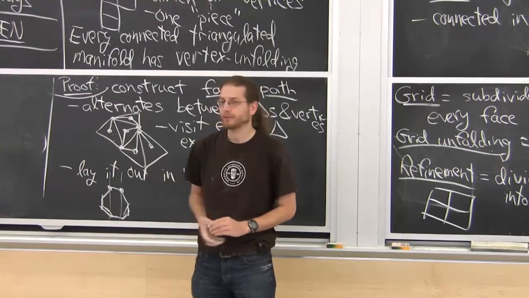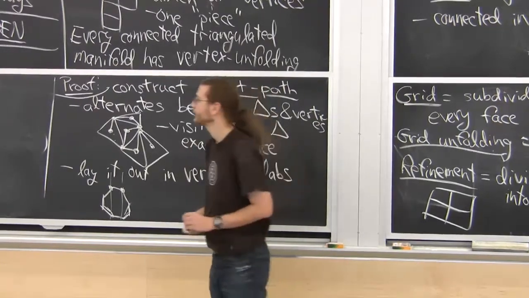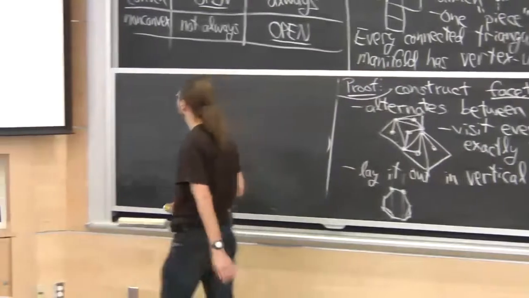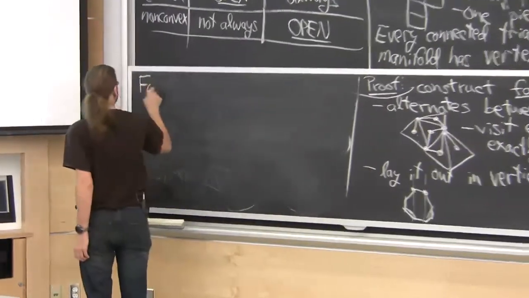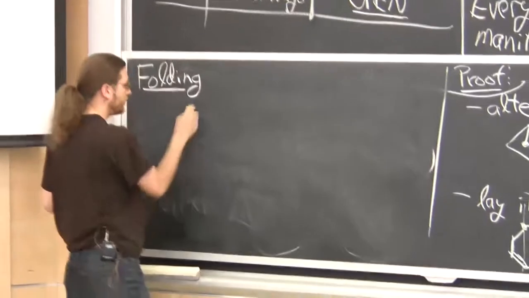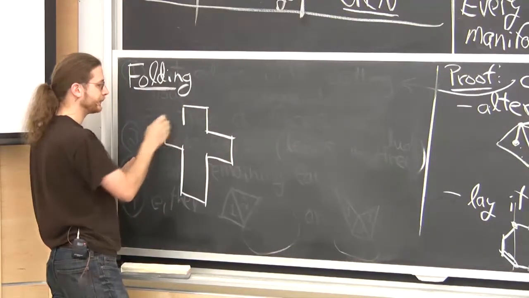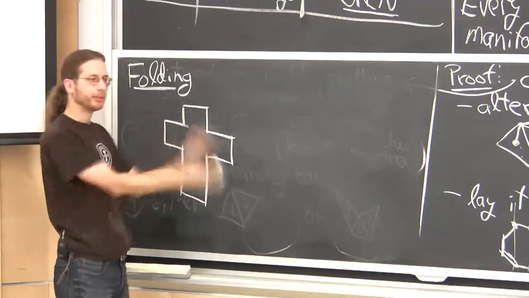I'm going to take a break from unfolding now and switch to the other direction of folding. So with folding, we're imagining we're given some polygon, and we'd like to make a polyhedron out of it.